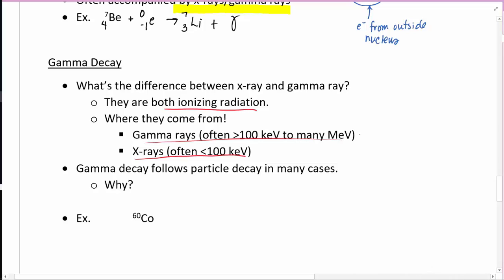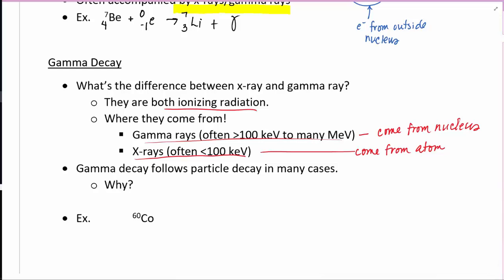Gamma rays come from inside the nucleus. So it's extra energy from the nucleus, whereas X-rays come from the atom itself. So it doesn't have to be confined to the nucleus. So it's really where they came from.